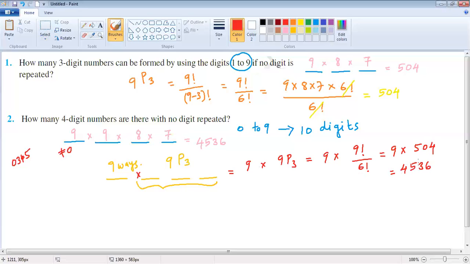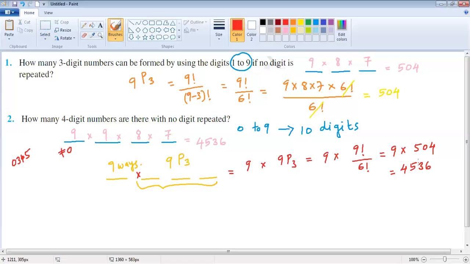So you can see that you can use permutation here also, but it is not simply directly 9P4 or 10P4. We have to see the question carefully. We have to form a 4-digit number using the digits 0 to 9. In the first place, 0 can't come, so there are 9 possible ways for the first digit. That's separate. Then the remaining 3 positions: we have 9 digits, and we choose 3 digits.